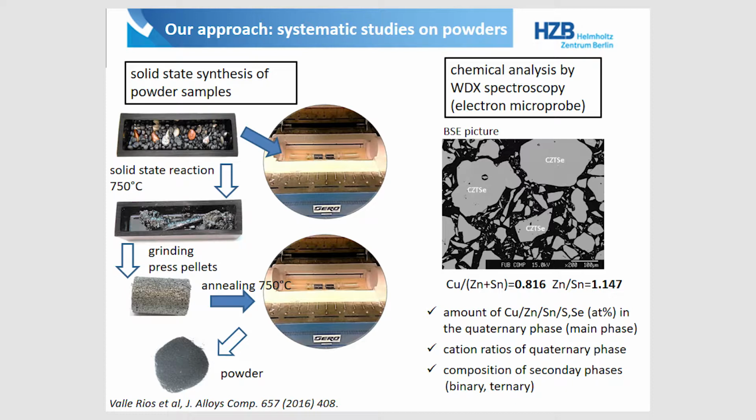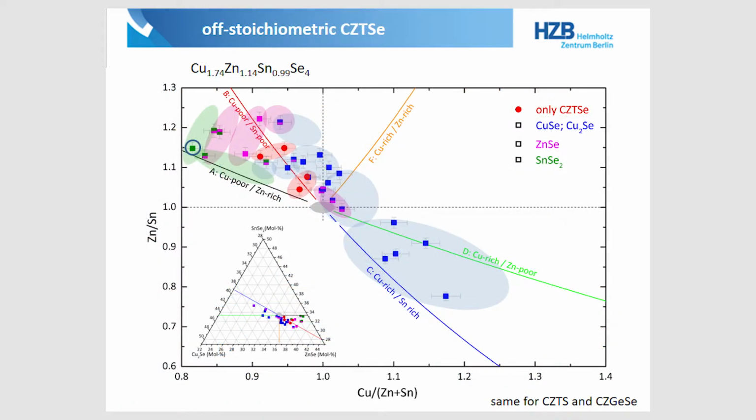So we determine the amount of the elements, and we have internal standards in this standard set for the WDX spectroscopy. And so we can very nicely calculate this cation ratio for each of our samples. We can also determine the secondary phases. This is an example of the Se2 powder samples we have synthesized, in between the A-type, B-type, and G-type line, which is not shown here, and also in the copper-rich region.